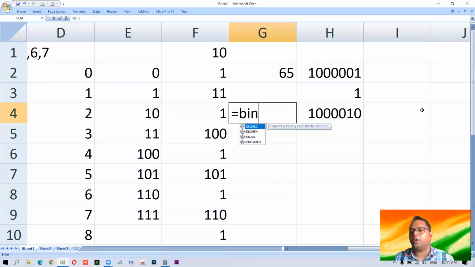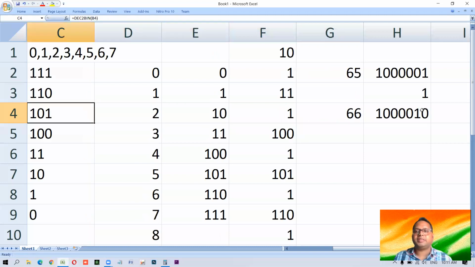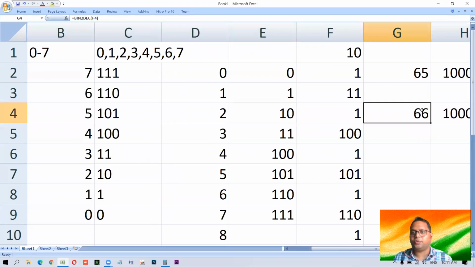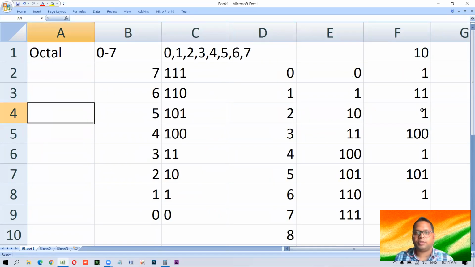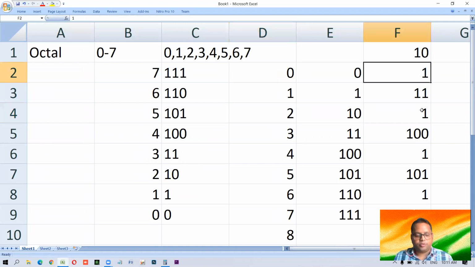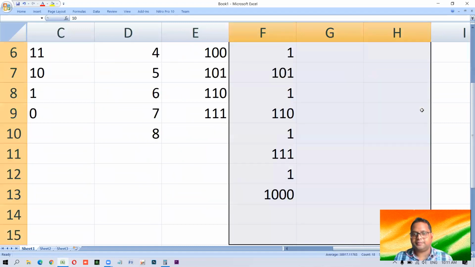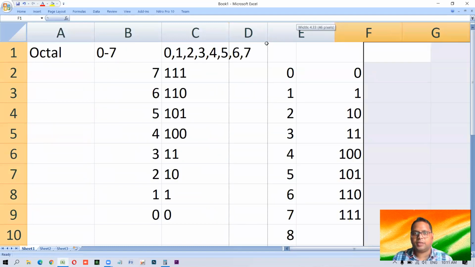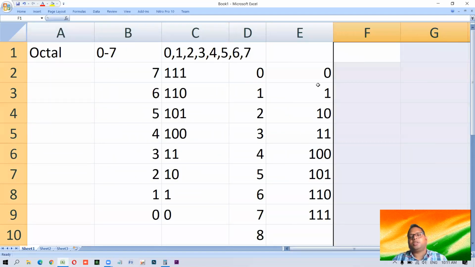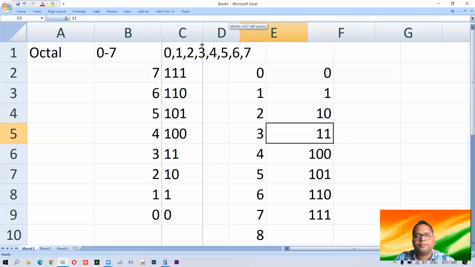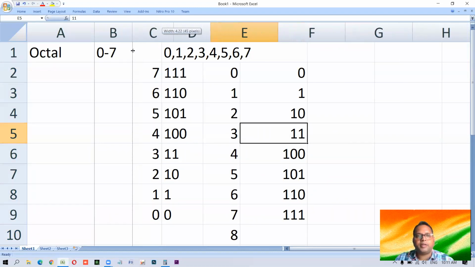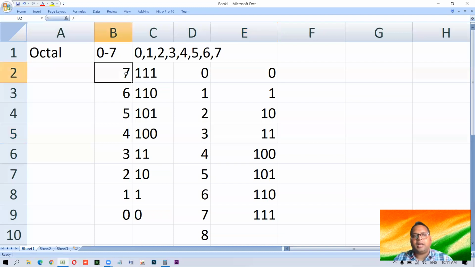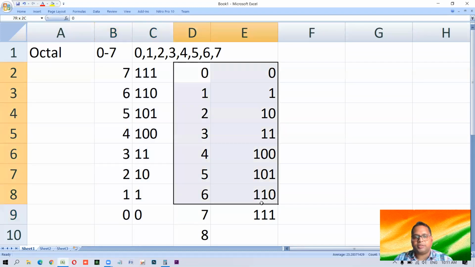By bin to dec, binary to decimal, 66. So with all these examples, it should be now clear to you what I want to convey to you. So let us remove all these things and make our screen a little lighter to understand what I want to tell you. So dear students, what we have to do now, we have to understand, either you see this or you see this, both are same.